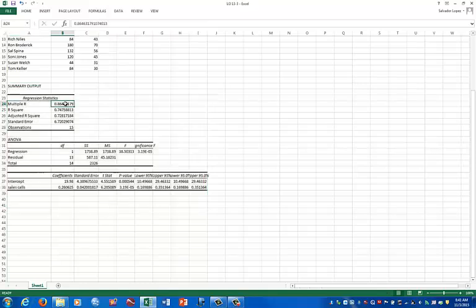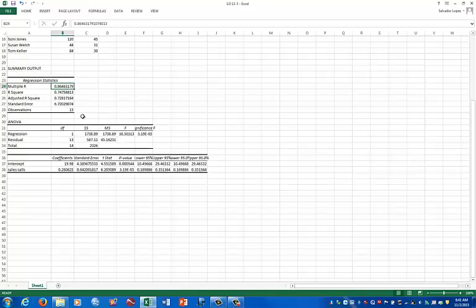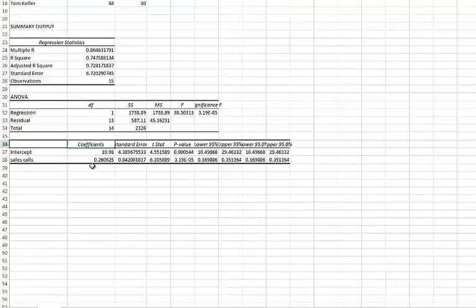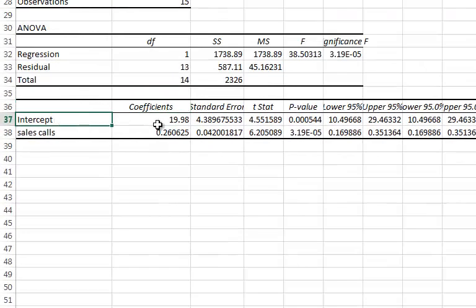And you get this output. Here you have multiple R. At this point, just notice from a previous section that this is exactly the value that we obtained for R, 0.86 approximately. Now going down on the output where it says coefficients, the intercept is 1998 and the coefficient for sales calls is 0.26. So this is our equation.